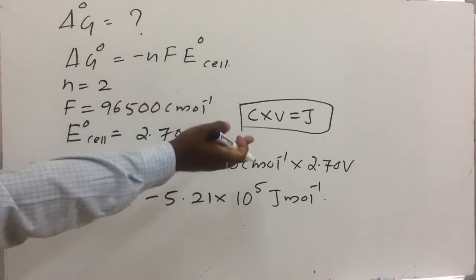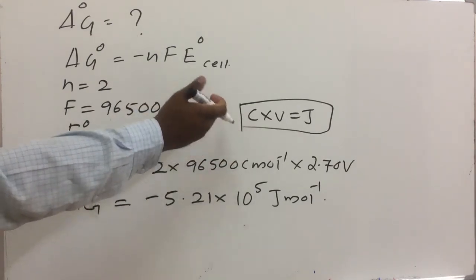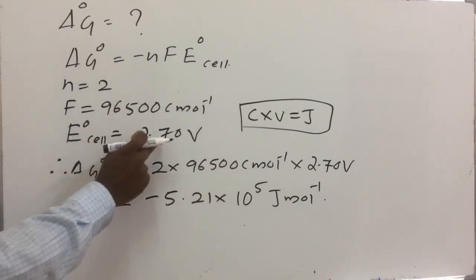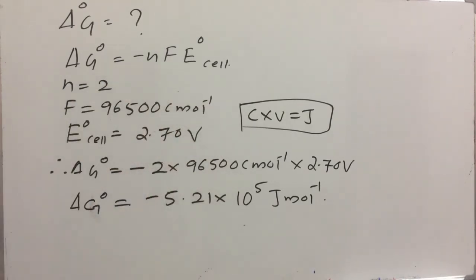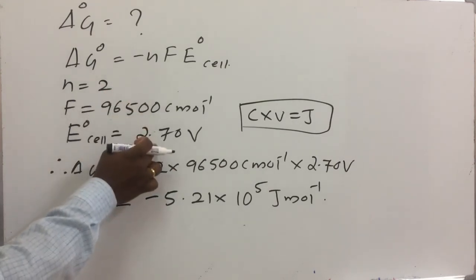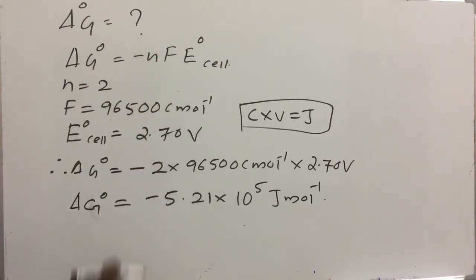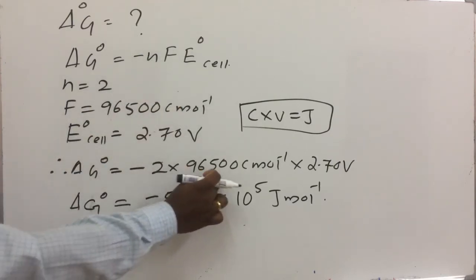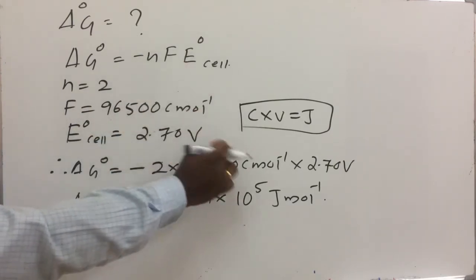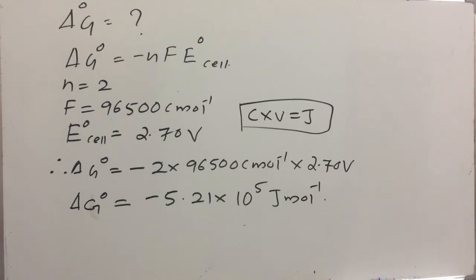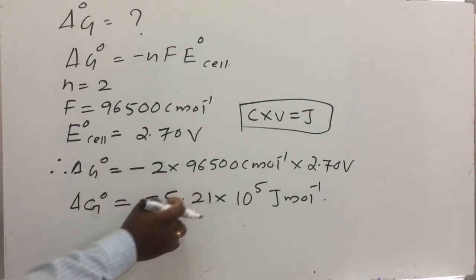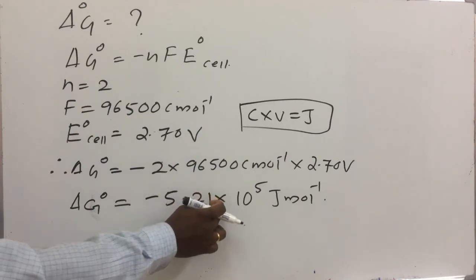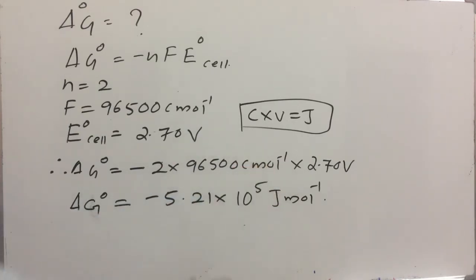E0 cell we already calculated in the previous section: 2.70 volt. Substituting these values: minus 2 times 96500 times 2.70 volt, and the final result is minus 5.21 into 10 raised to 5 joule per mole.